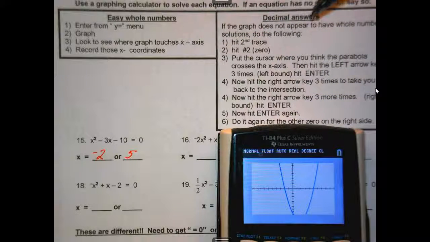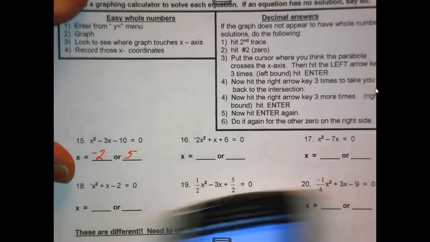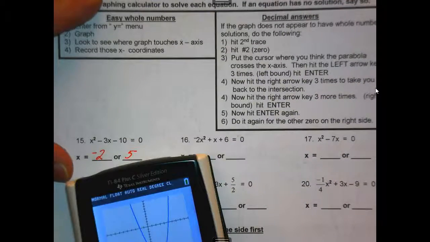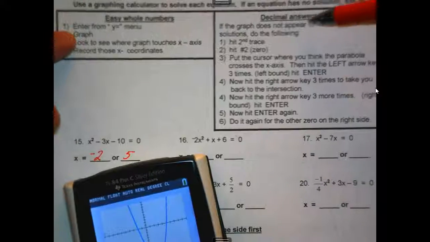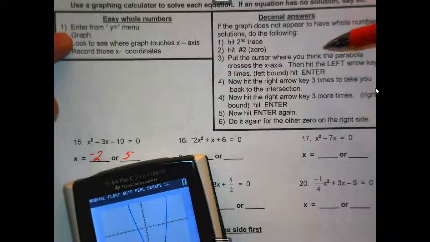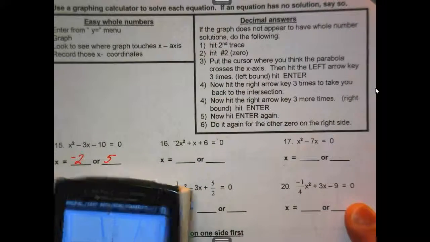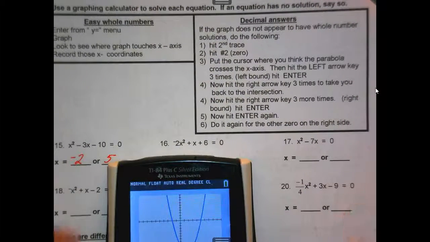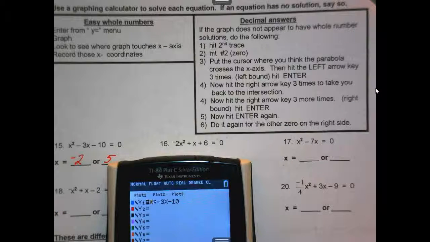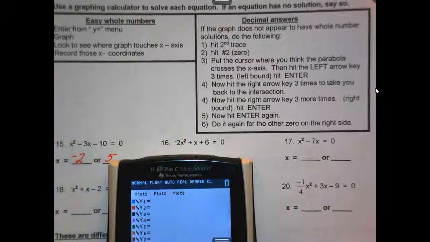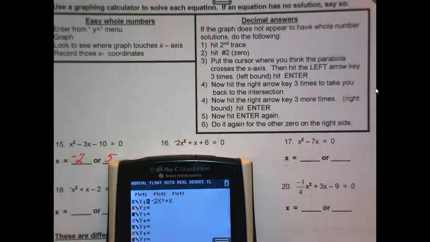Now let's get a problem where there's decimals. Getting the decimal answers is a lot harder. Let's see if number 16 has a decimal answer. Negative 2x squared plus x plus 6.